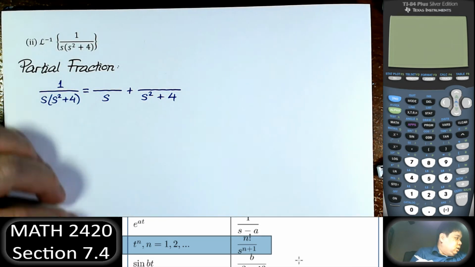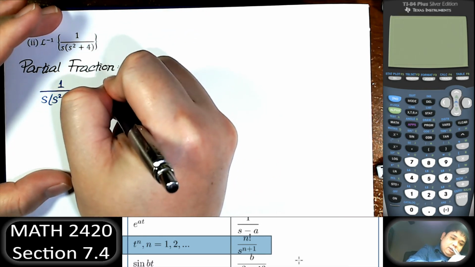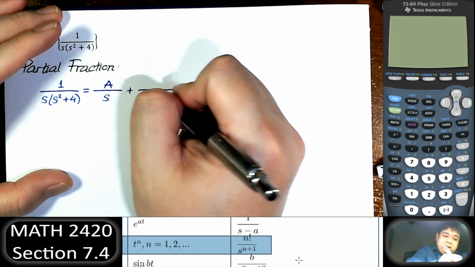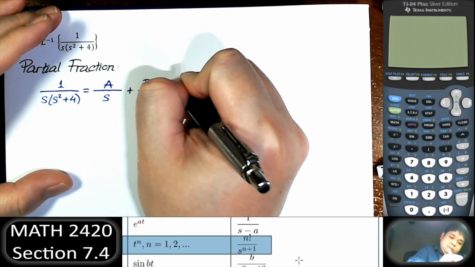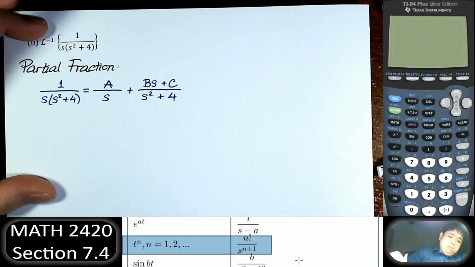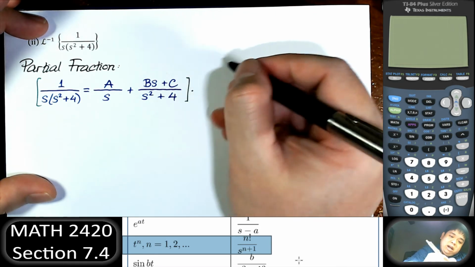So we will need a constant term there for the linear factor. We need the linear function on top for the quadratic. Multiply top and bottom by the least common denominator.